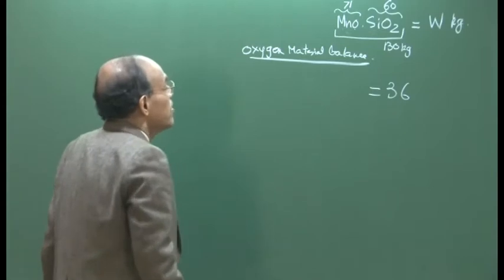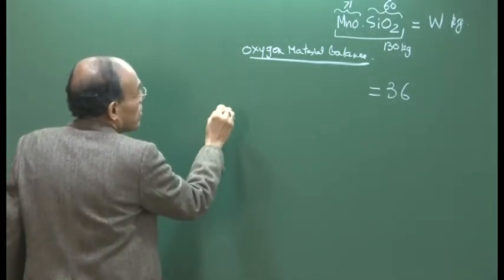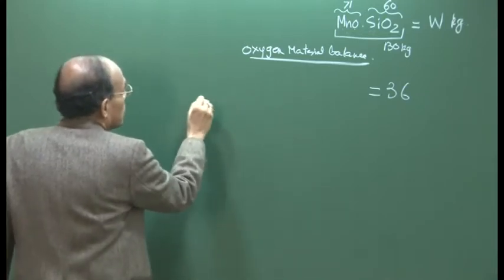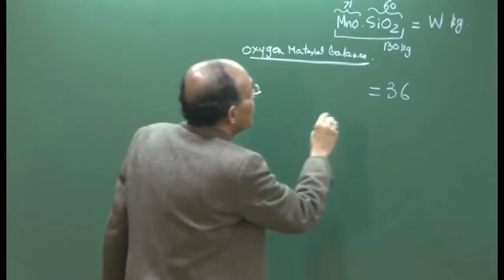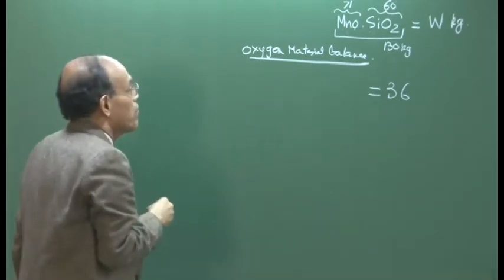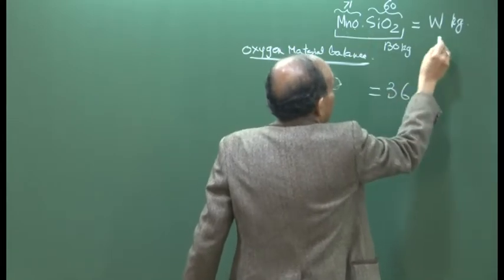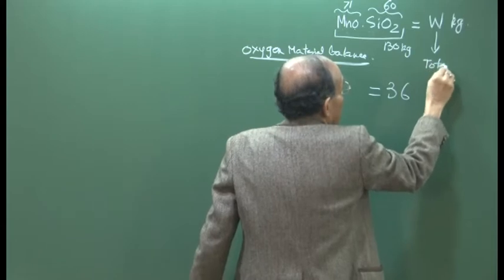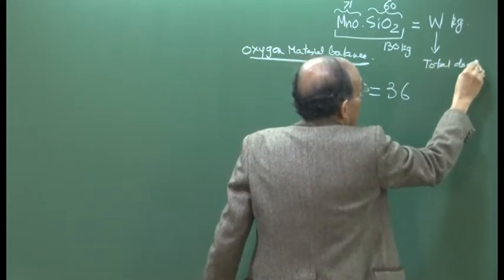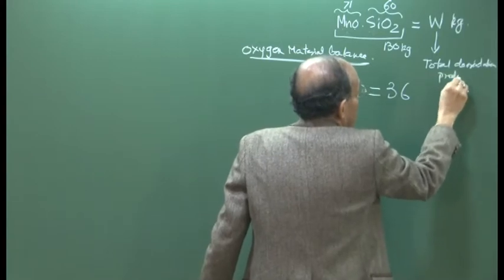So, we have 55% MnO and 45% SiO2 in the deoxidation product. W kg is the total deoxidation product mass.